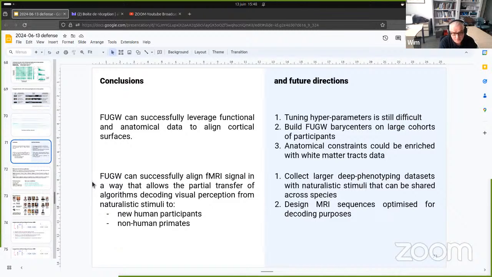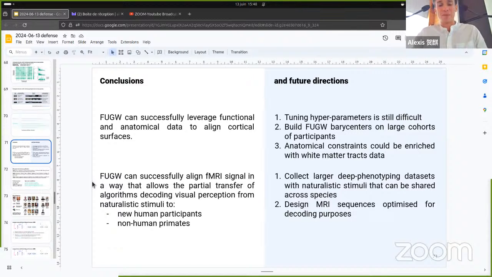Is that what you're referring to when optimizing the MR sequences, or having other modalities would be very beneficial? Because I cannot believe that natural movies would not work better, theoretically at least, in this kind of analysis. So I'll try to go quickly, but thank you for that question.